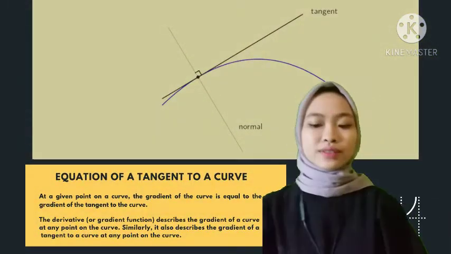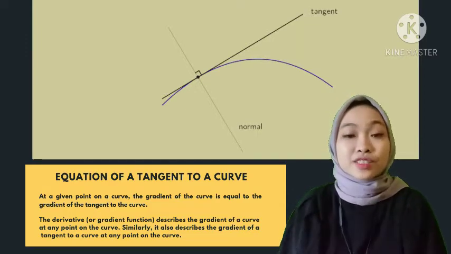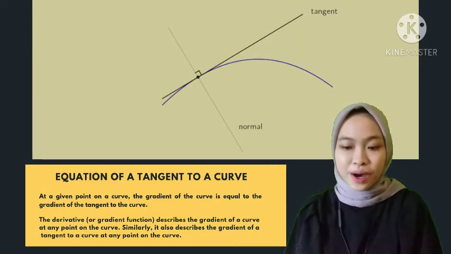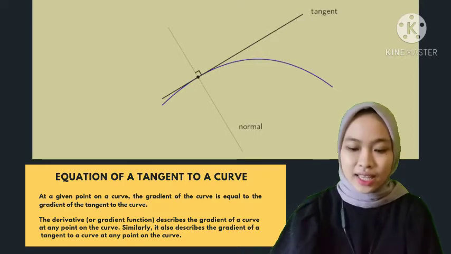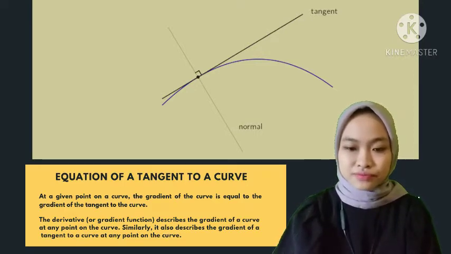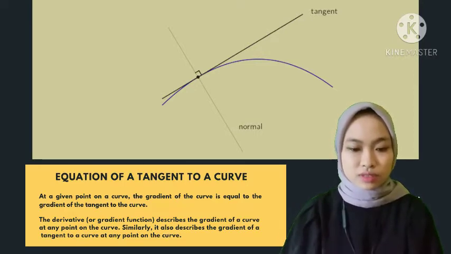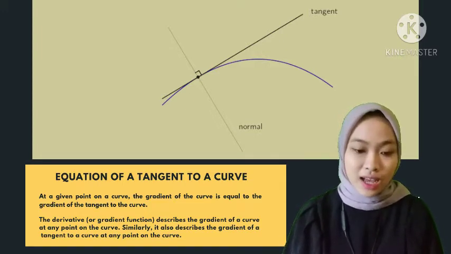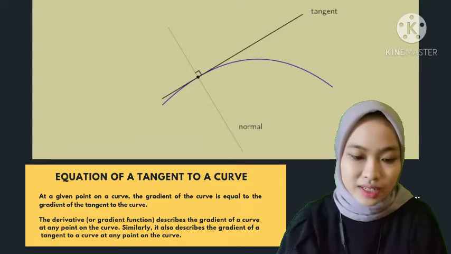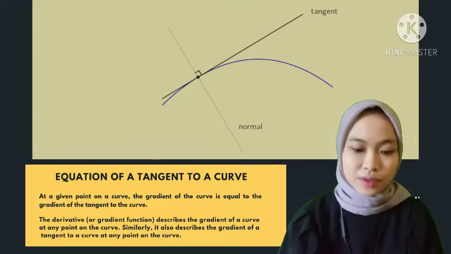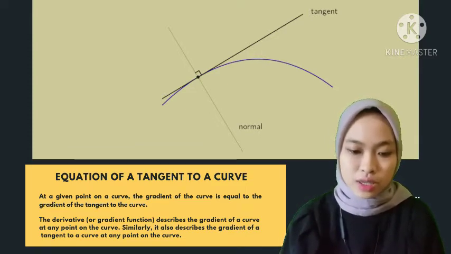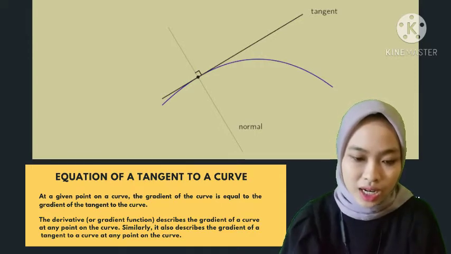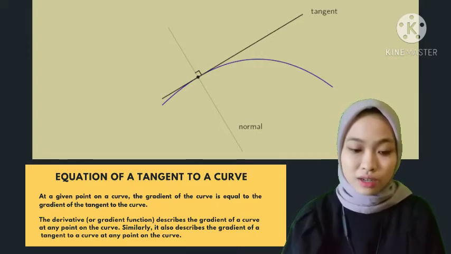Okay, guys, please look at the picture. I will tell you about the equation of a tangent to a curve. At a given point on a curve, the gradient of the curve is equal to the gradient of the tangent to the curve.